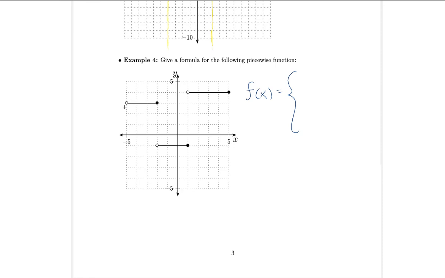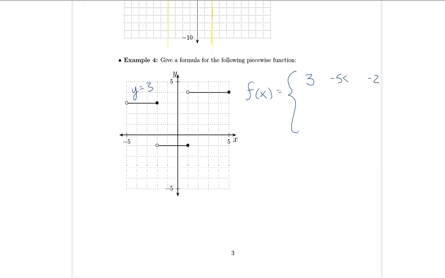So over here on the leftmost part, I can see y is equal to 3. So y equals 3 is the formula. So I put f of x equals 3. But when should f of x equal 3? It should equal 3 between -5 and -2.